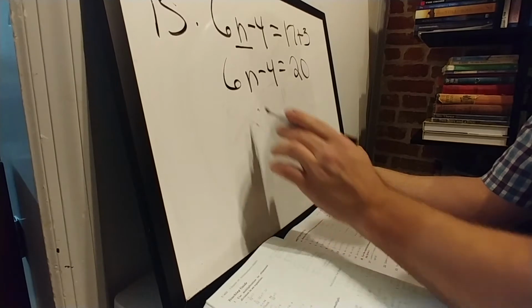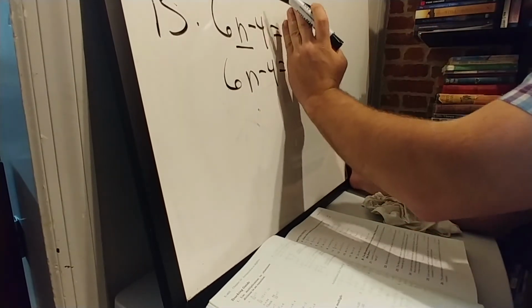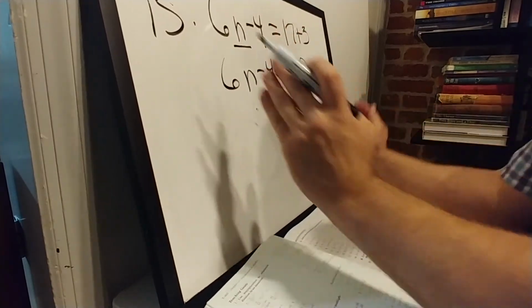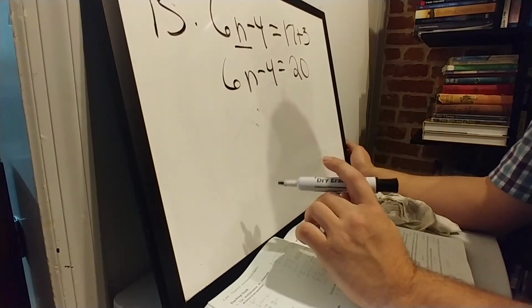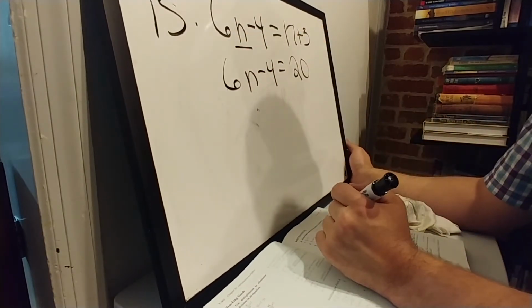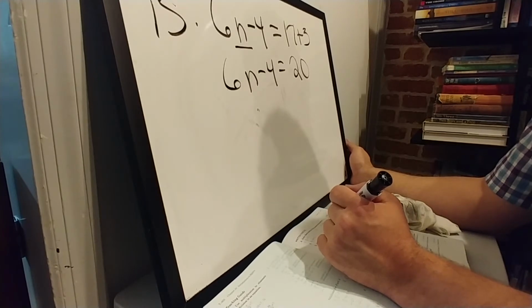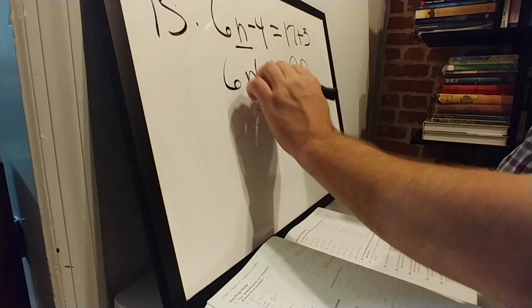Now, you might notice that there's multiplication here, and we did addition. That's because it's on that side. And you can't do this because you don't know what the n is. All right, so what can we get rid of here? Well, first we'll get rid of the 4.